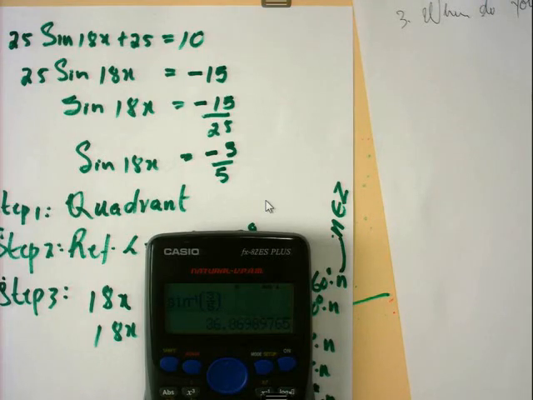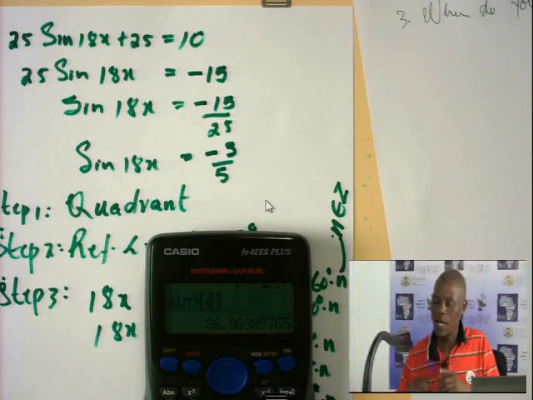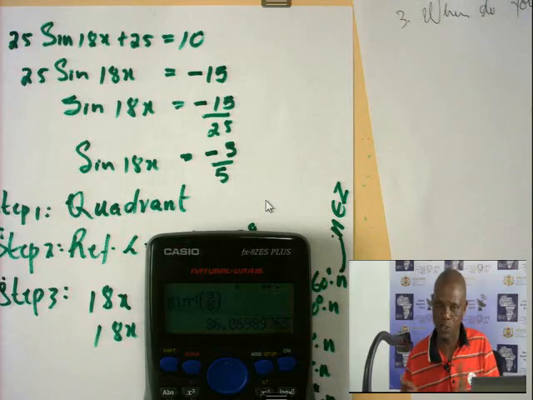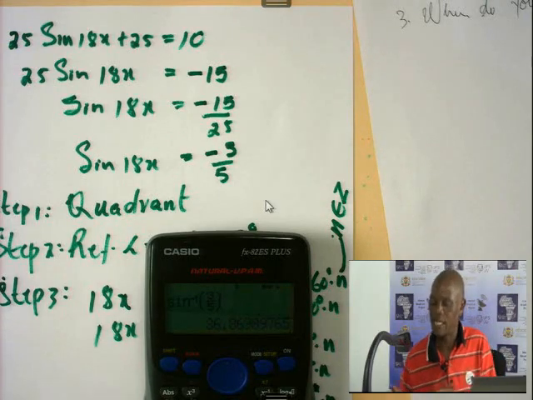Now, the very interesting question, which is very crucial, was: how do I know whether the graph is shifting to the left or to the right?